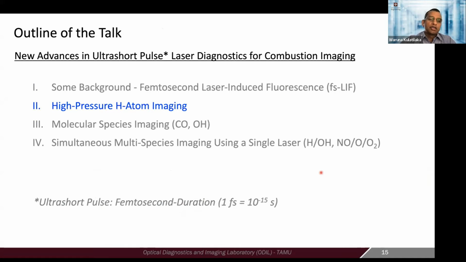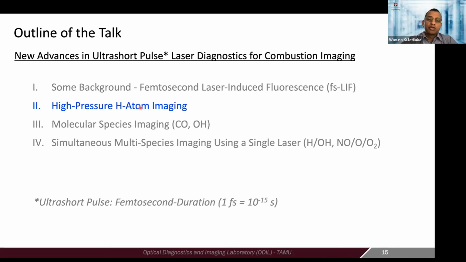When I say new advances, I'll focus on three areas from recent years, specifically the work from Texas A&M. The first is taking these atom measurements into high pressure. As combustion researchers, we are always interested in going to high pressure because that's where realistic combustion systems operate.